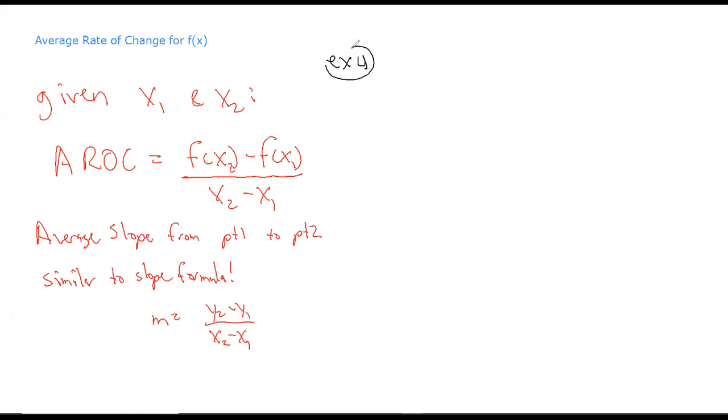Example 4a, our function was x squared plus 5x minus 10. And we got an x1 of 0 and an x2 of 4, I believe.